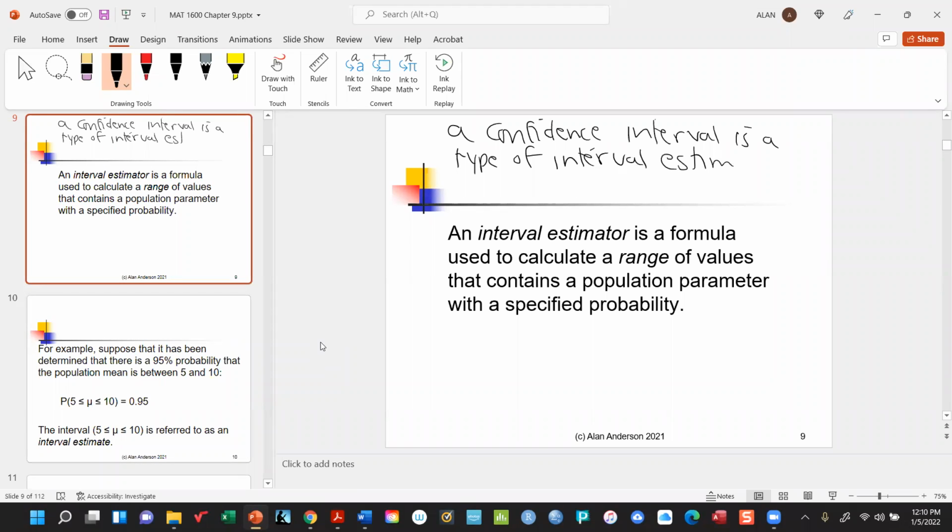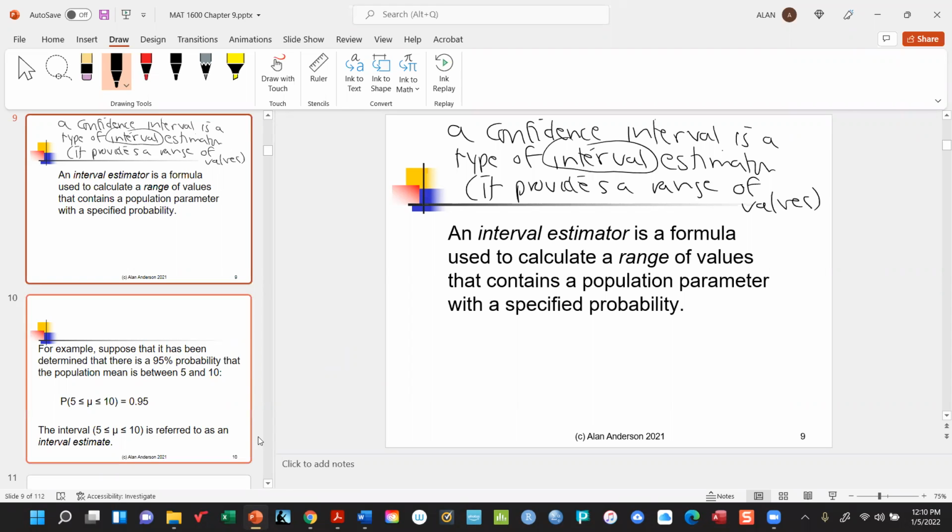It's not the only one, but it provides a range of values instead of a single value. And that's where the word interval comes in. Interval as opposed to point. Point means single value, interval means a range of values. So that's what we're actually doing here.